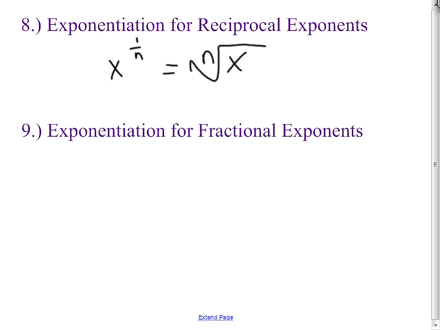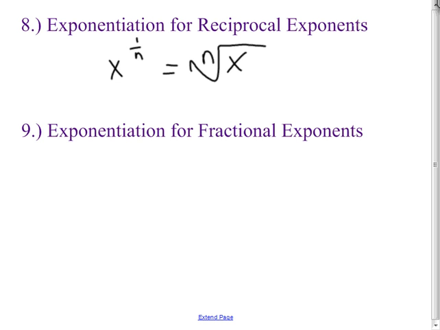So if x goes to the 1 over a number, that denominator is the actual root that it is. If it was to the 1/2, it's the square root. We don't usually put a 2 in there if it's a square root. If it was 1 over 3, it's the cube root. Then you have to write the little 3 inside of there. Depending on whatever that denominator of the exponent is, that is the root that we're dealing with.